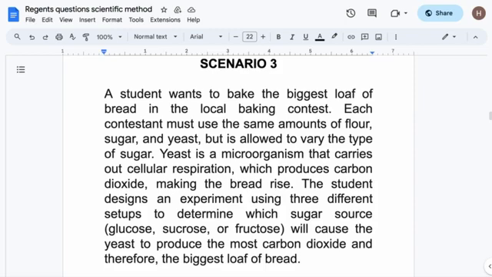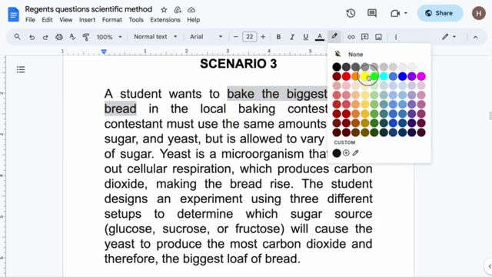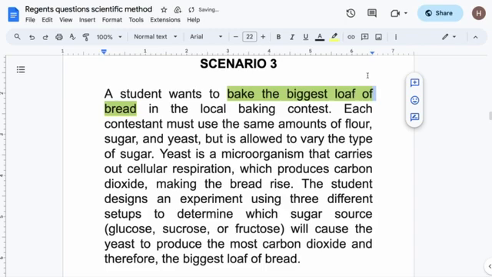So, what's the problem here? The problem is which sugar will cause you to bake the biggest loaf of bread. Here we go. This is our problem. Which sugar will cause you to bake the biggest loaf of bread?